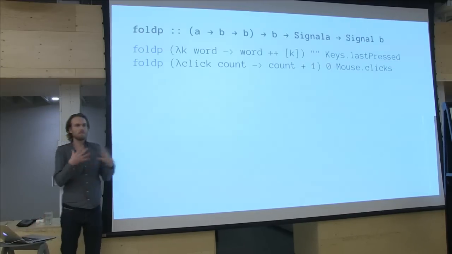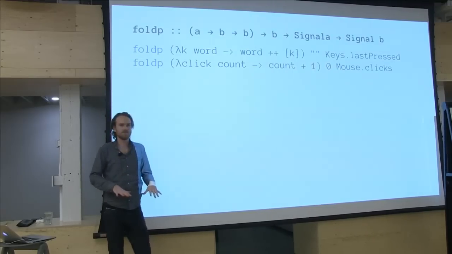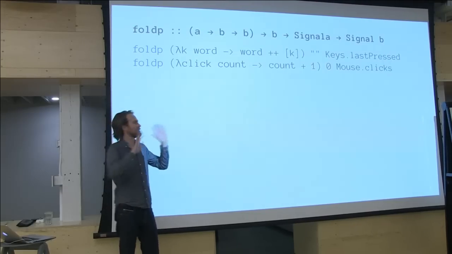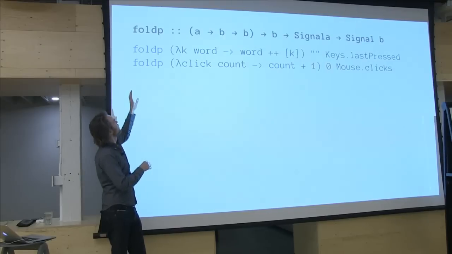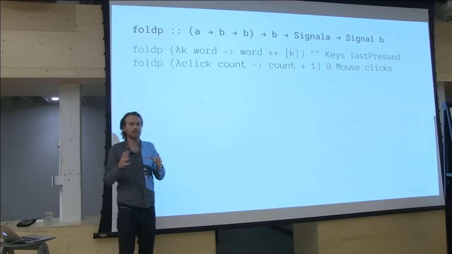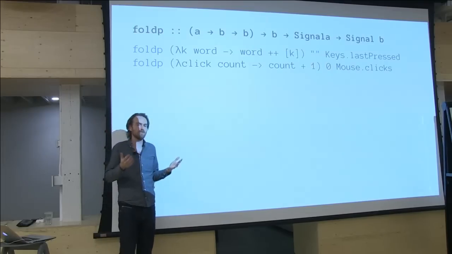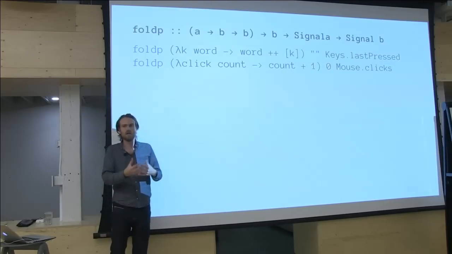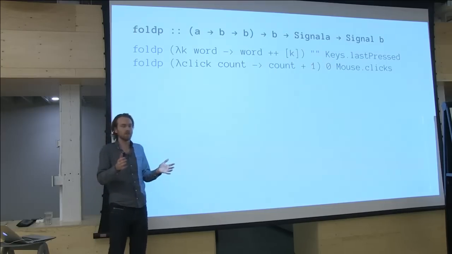Okay, how do we remember the past? Up until now, we've been only transforming values, so we can't remember anything. We're just like, oh yeah, cosine, but what was the last timestamp? I don't know. So foldp lets us do that. You can think about foldp as, if you're familiar with other fold functions, foldl, foldr, it's also very closely related to reduce or inject, depending on your language.